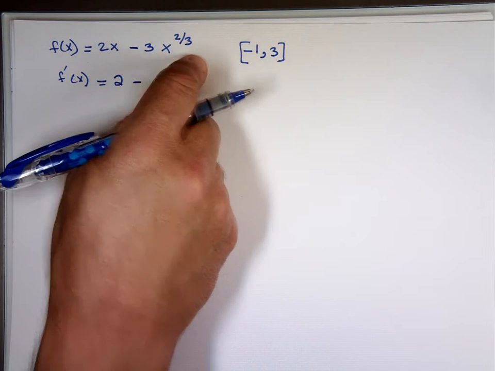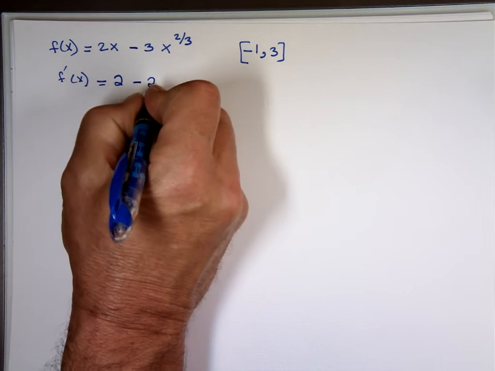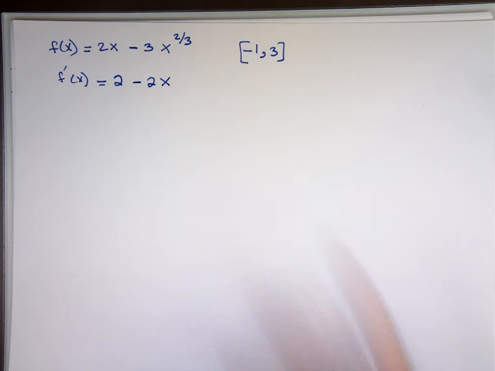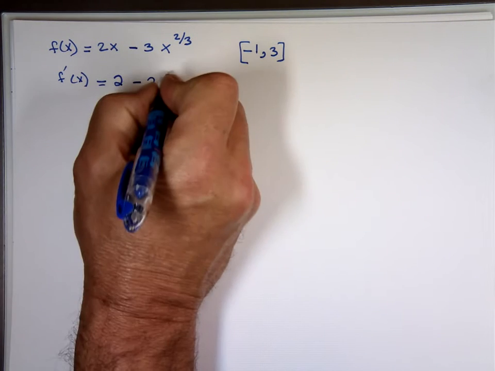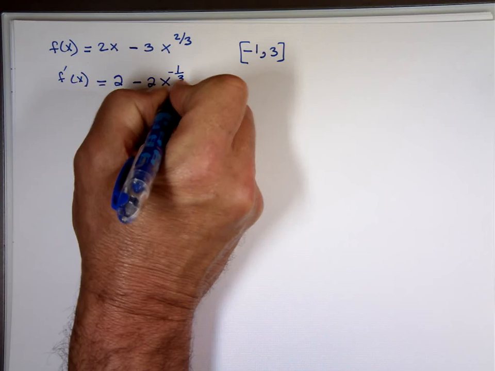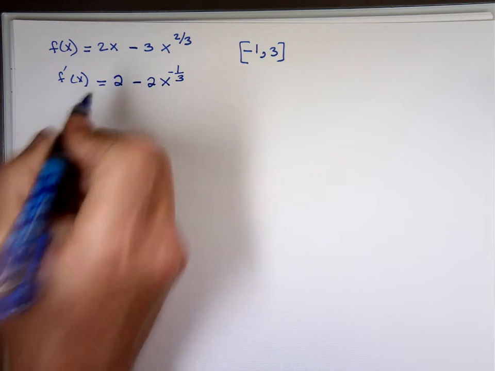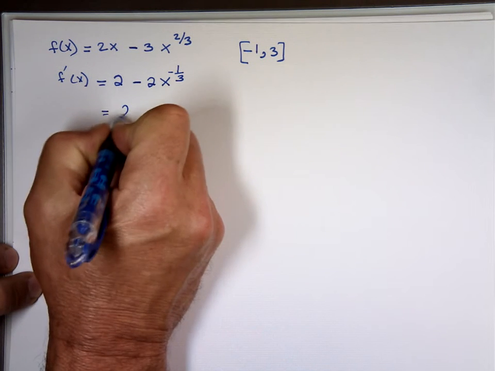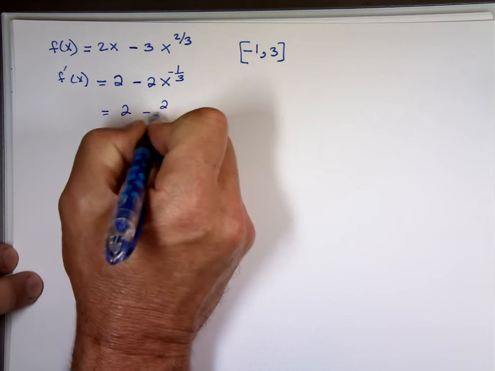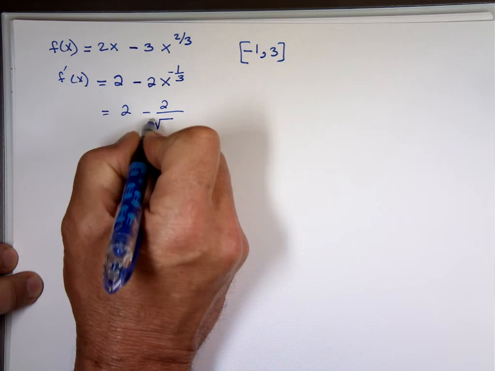Is that 2? X to what power? -1/3. So when you look at that, it says 2 minus 2 over what? The cube root of x. That's really what you have.